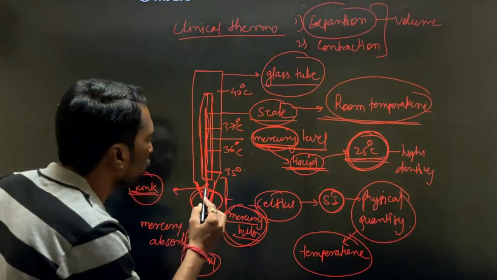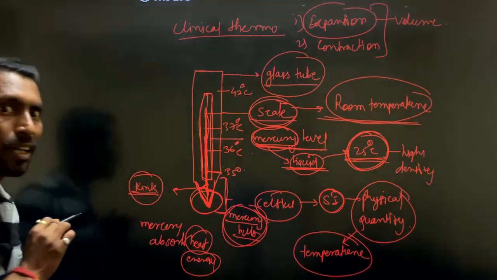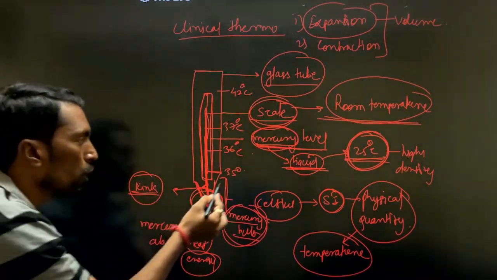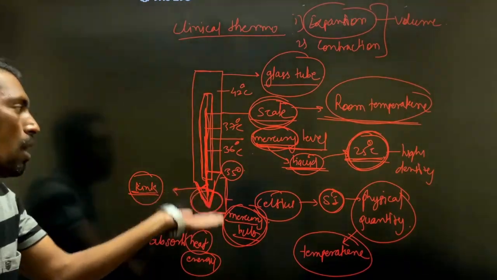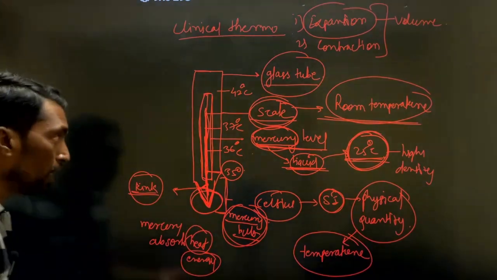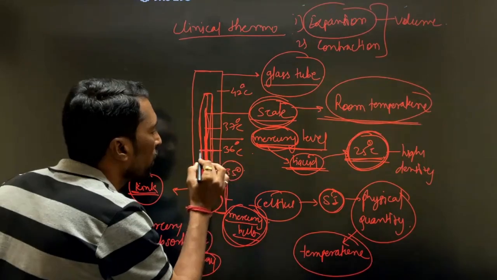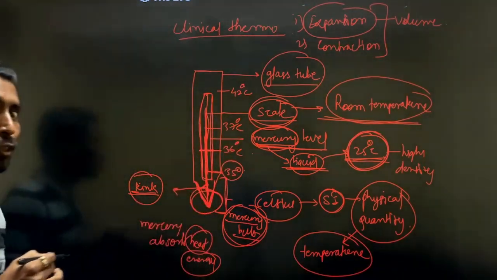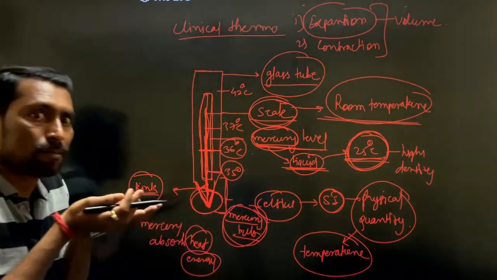जैसे ही लेवल इंक्रीज हो जाएगी, we have to analyze this scale. हम ये स्केल एनालाइज कर लेंगे 35 डिग्री से आगे, from above the 35 degree Celsius. If the mercury level comes up to here, then we can analyze body temperature is 36 degree Celsius.